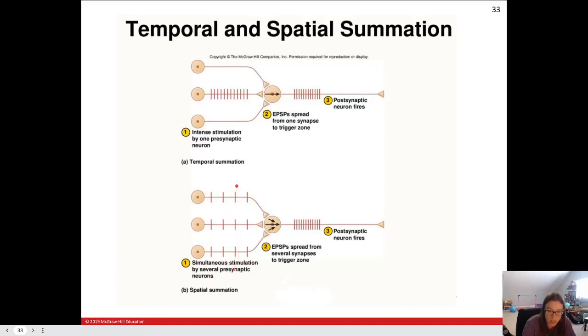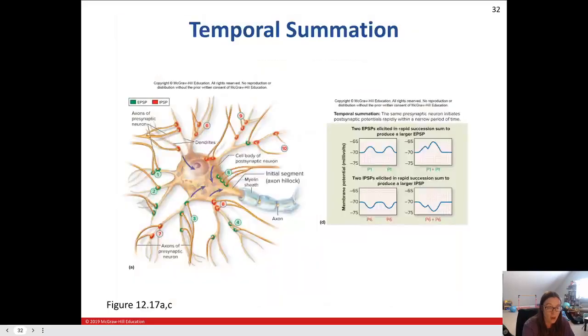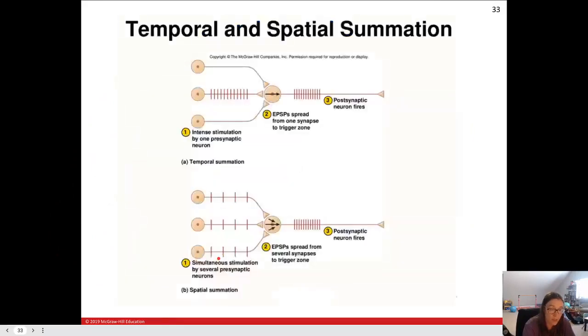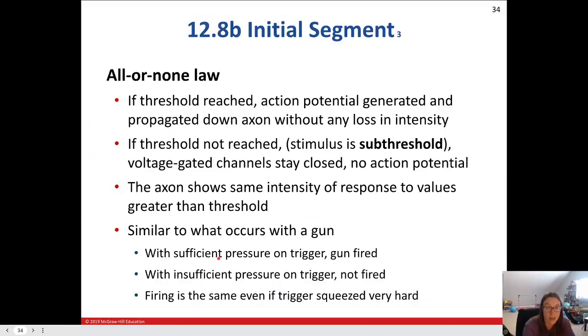Then these 3 are occurring simultaneously. These 3 are occurring simultaneously. So these 3 from different spaces are simultaneously stimulating that neuron. And so in reality, we have a whole bunch of inputs happening, and you pretty much always have spatial and temporal summation happening together.